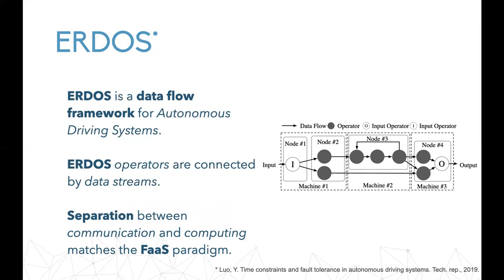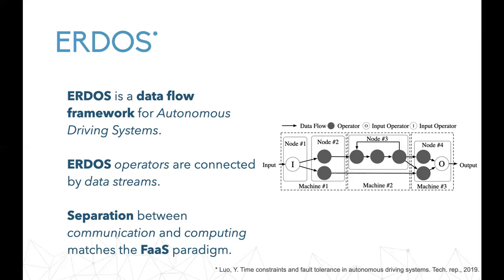of autonomous driving. So ERDOS, as said, is a data flow framework, which means that we have operators that are connected via data streams, and those operators exchange messages. Those operators are agnostic of the application in which they are running, so it means that you can have the same operator in different applications, and the application is composed by a graph. Different graphs compose different applications, of course.